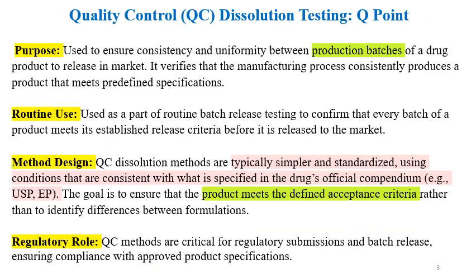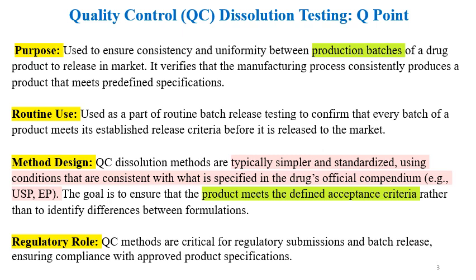Coming to the QC release profile or quality control dissolution testing, this is generally done on single point or Q points. Purpose is to ensure consistency and uniformity between the production batches and to release the formulation batch into the market. This QC dissolution testing verifies that the manufacturing process of the product consistently produces a product that meets the predetermined quality specifications.